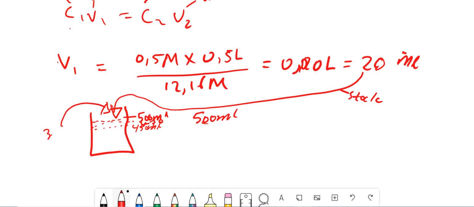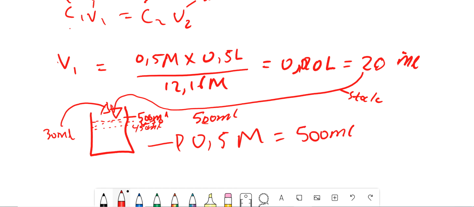That means you will add another 30 ml of distilled water. Okay, not just any water, but distilled water. Okay, so by so doing, you will have prepared your 0.5 molar solution, and the final volume of that solution will be 500 ml.